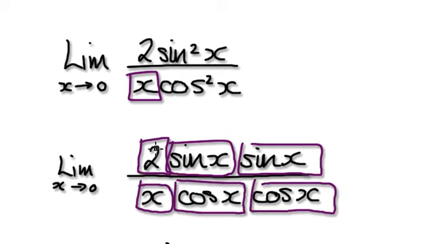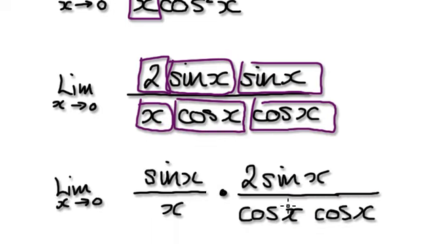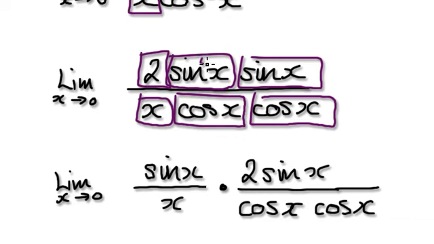Basically, you've got a block multiplying with a block multiplying with a block at the top, and at the bottom you've got a block multiplying with this block multiplying with this block. Now move this block out and move this one out here.